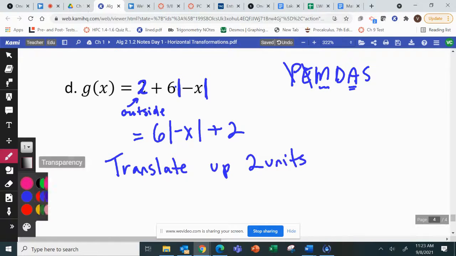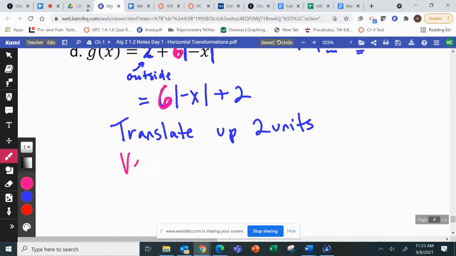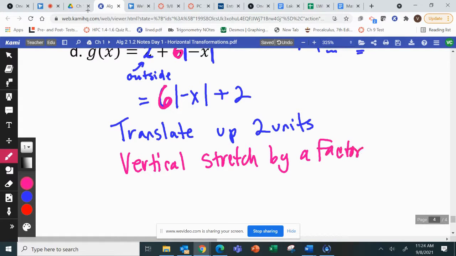So that's the blue. Then we've got a 6 in pink. So what's the 6 do? That's going to be a vertical or horizontal? So vertical stretch by a factor of 6.